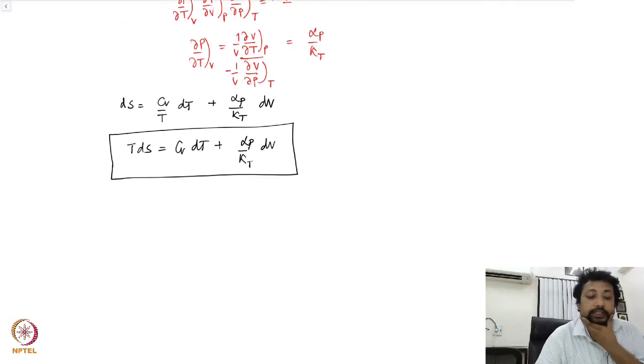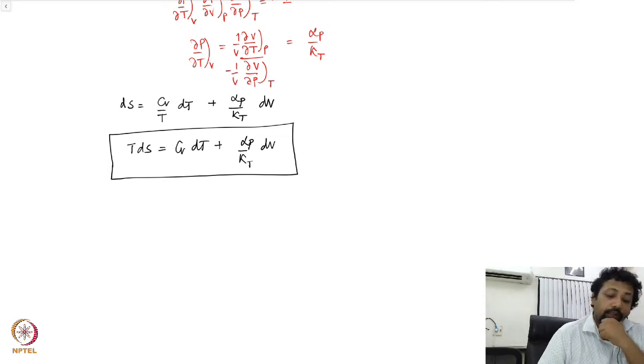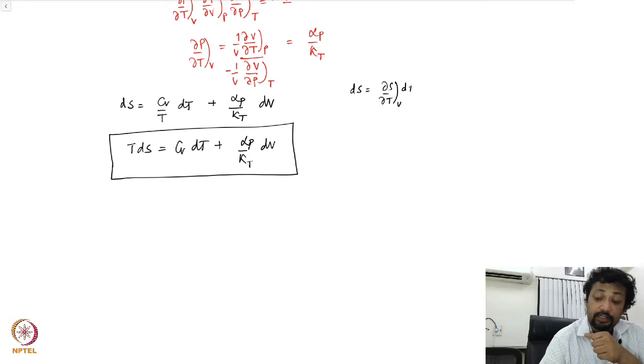Clearly, if I want to find out the change in entropy, if V is held constant but the temperature changes, then my change in entropy is del S del T volume constant dt, correct?